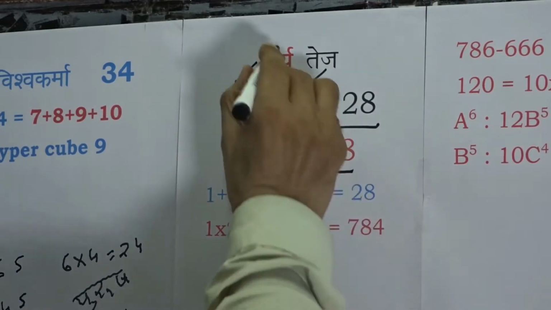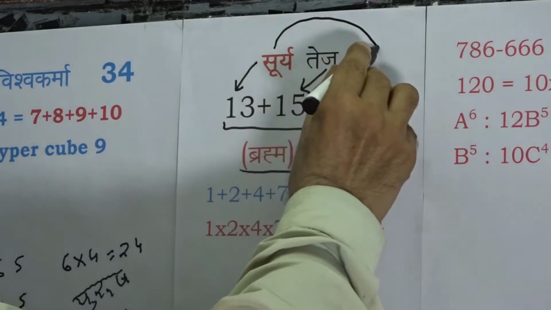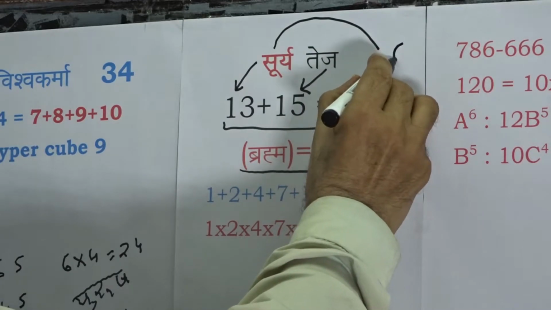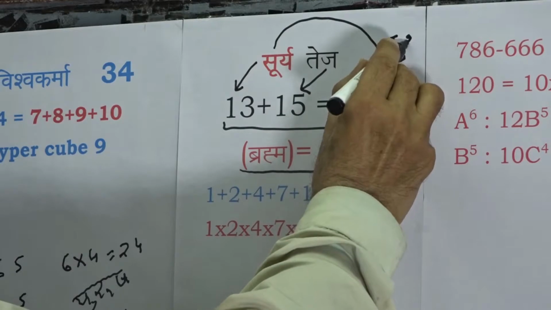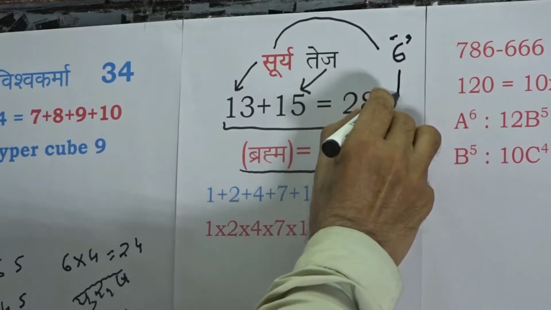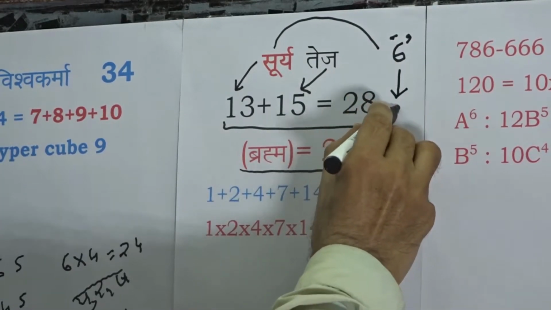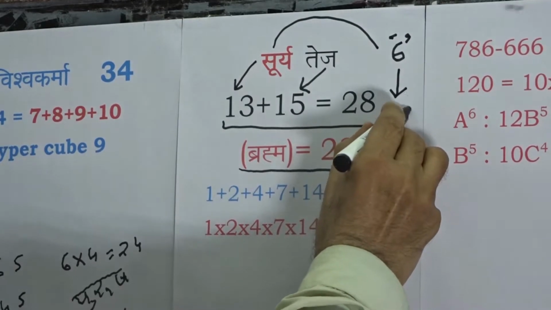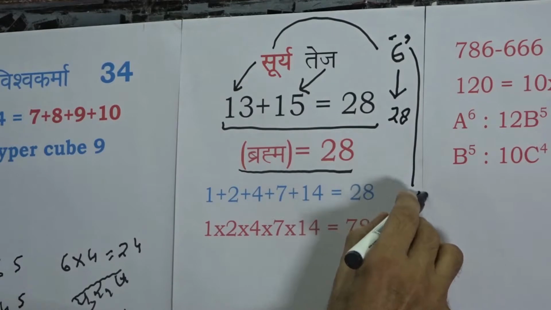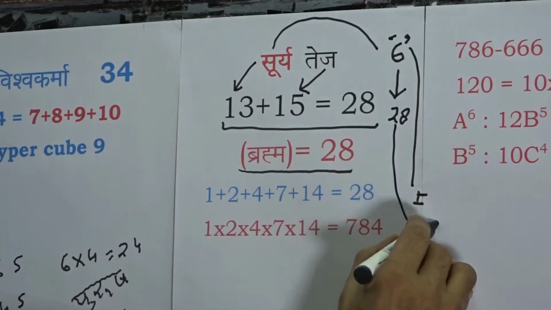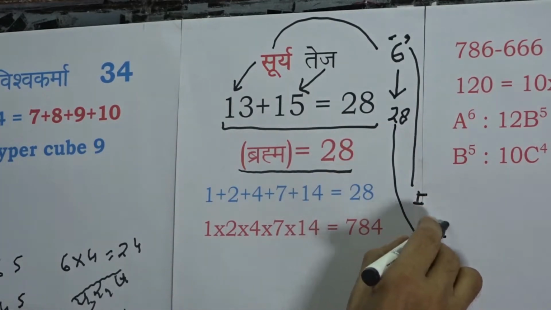Wonderful thing. Surya means a 6-space body, 6-space setup, and it says Surya Tej takes the value 28. 6 is the first perfect number, while 28 is the second perfect number.